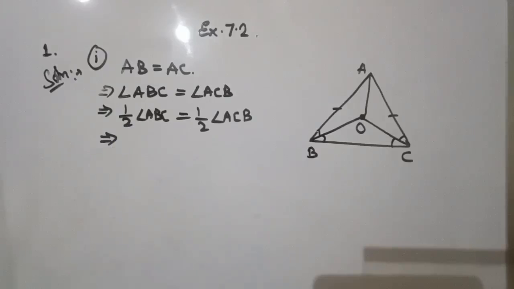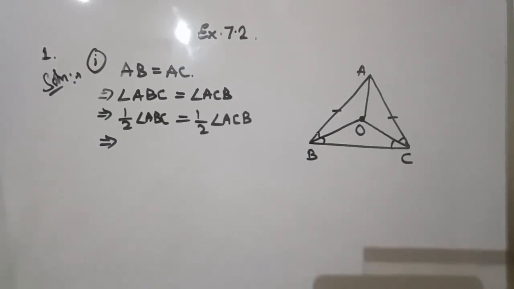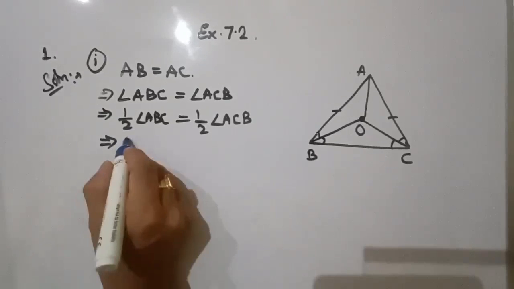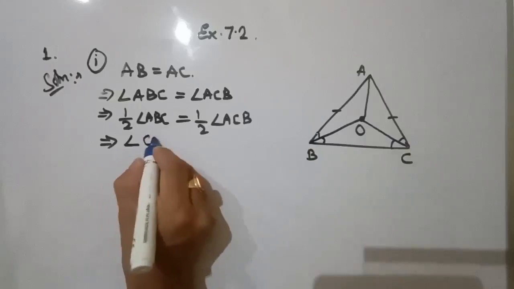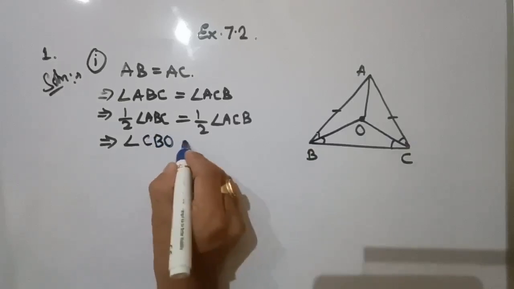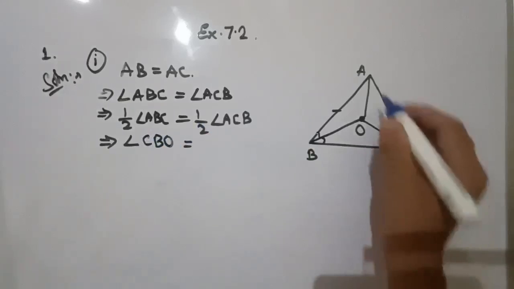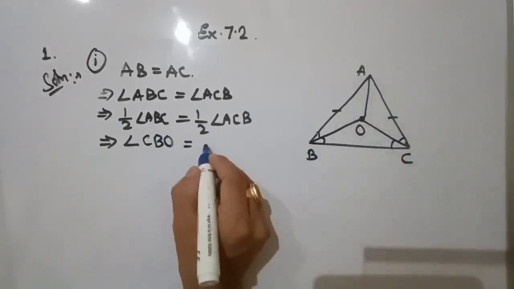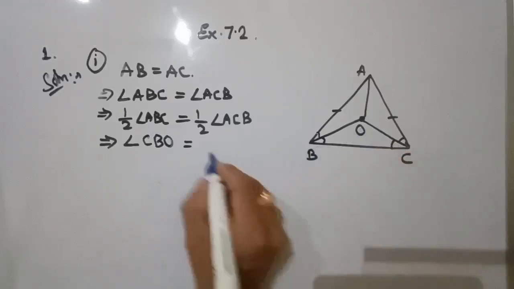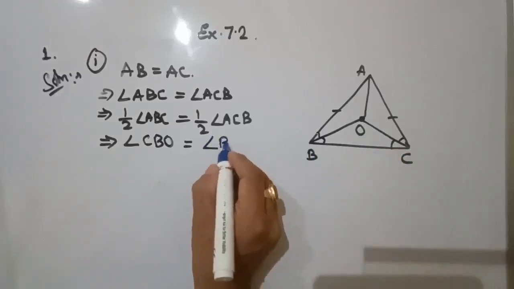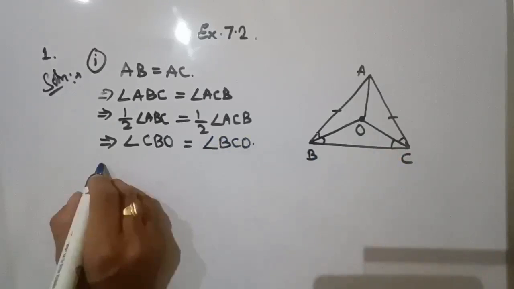Therefore, half of angle ABC, angle CBO, is equal to half of angle ACB, that is angle BCO.